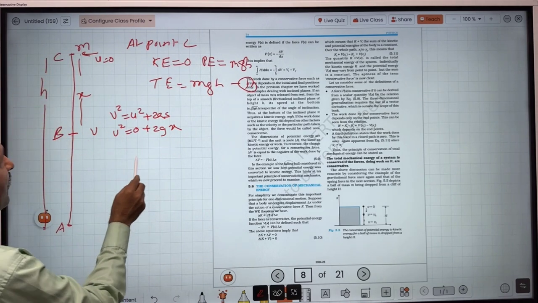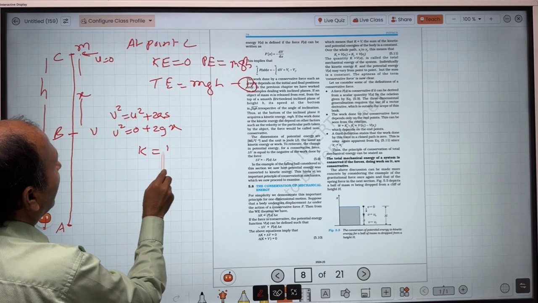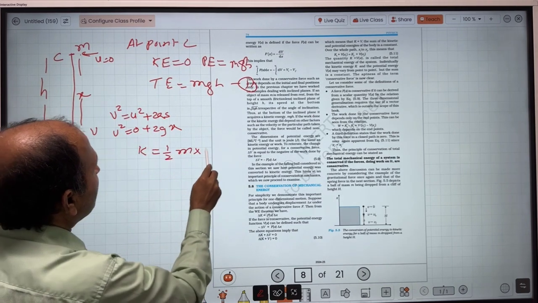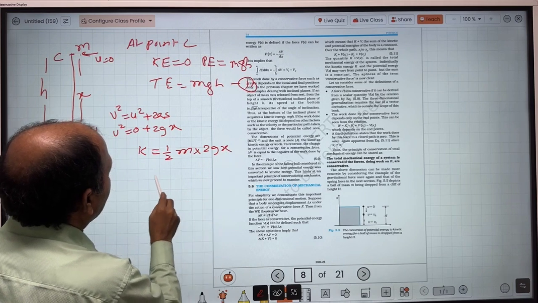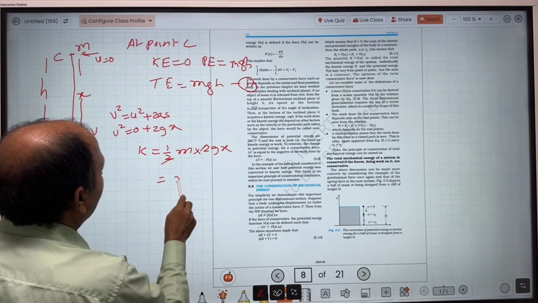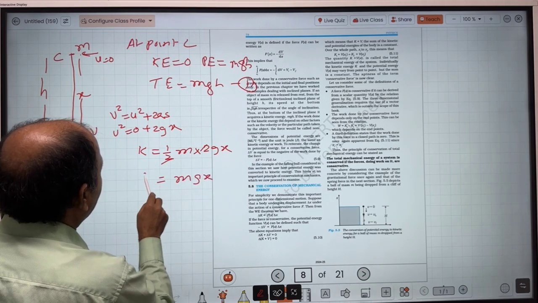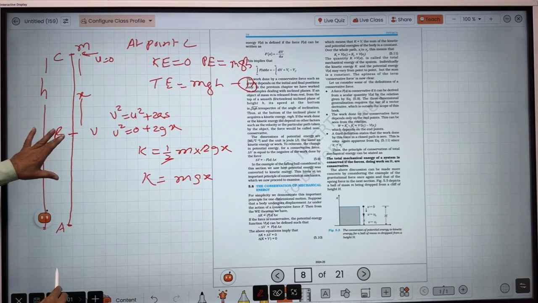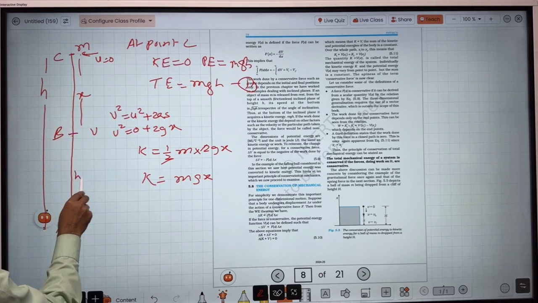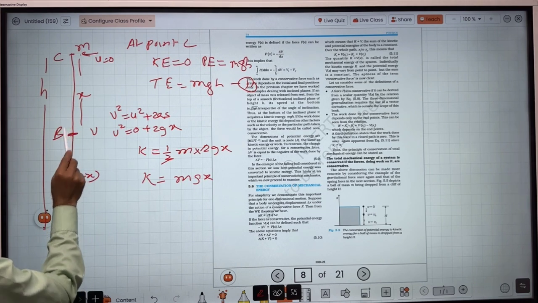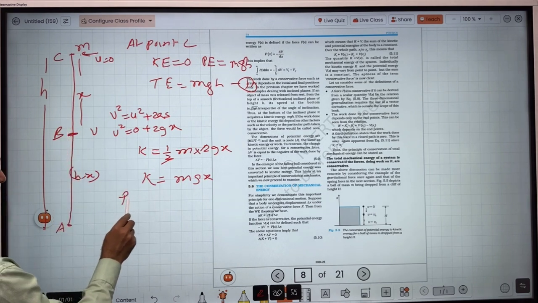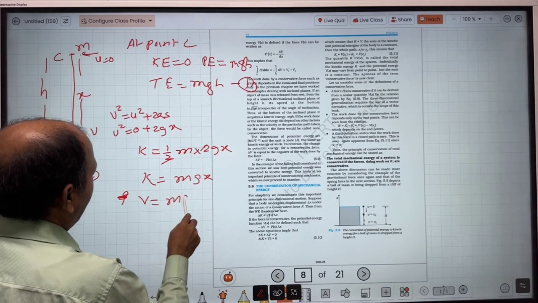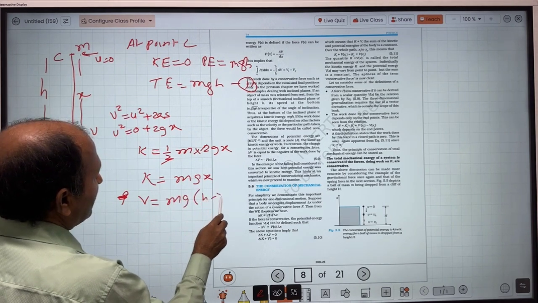KE will be half mv square, with v square equal to 2gx, so the 2 will cancel out, giving mgx. This is kinetic energy. And the height above the ground is h minus x. So what is the potential energy? Let's write it as V. Potential energy will be mg(h minus x).